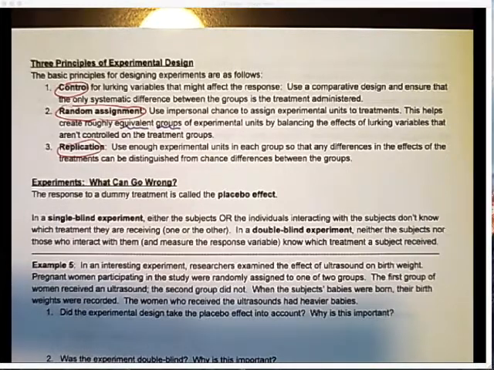Just depending on the experiment, you might have some different races, so you want different races in each group. We want each group to be as alike as possible in some way. That way we can draw a comparison between the groups.